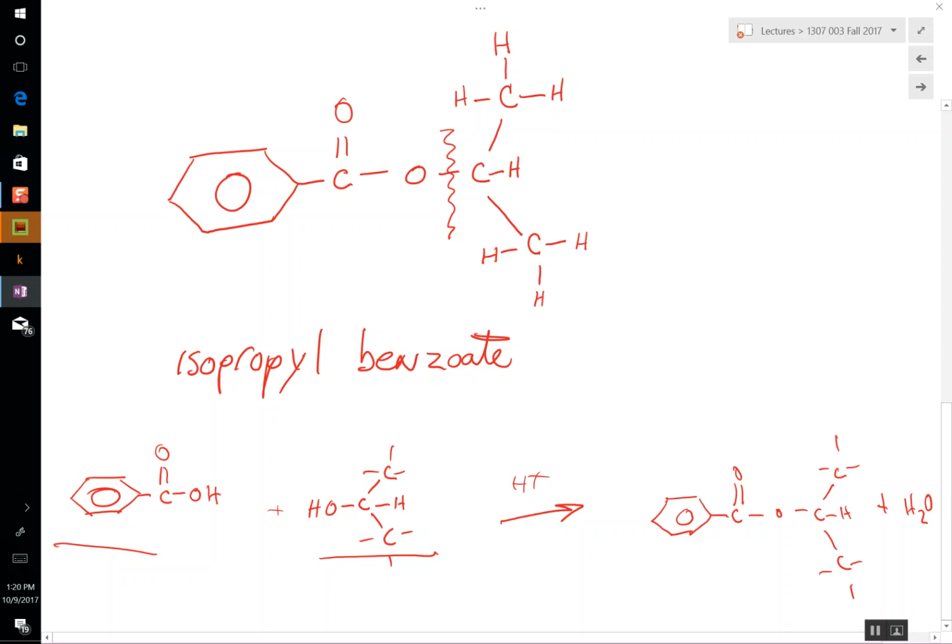Don't forget about this isopropyl group. If we were looking at just propyl benzoate, it would be this. We would just have 3 carbons in a row.